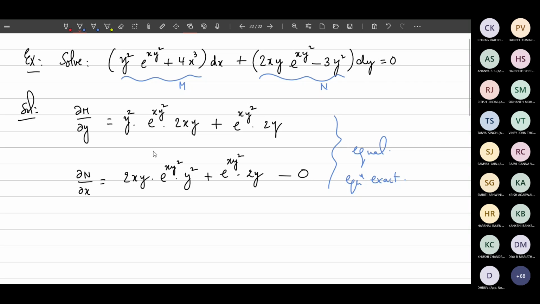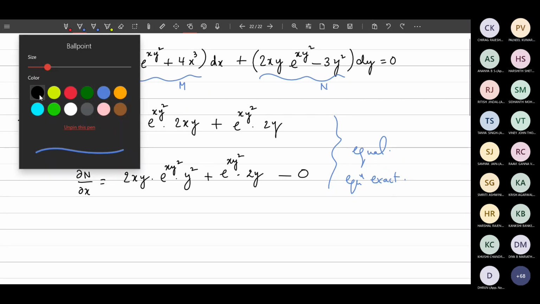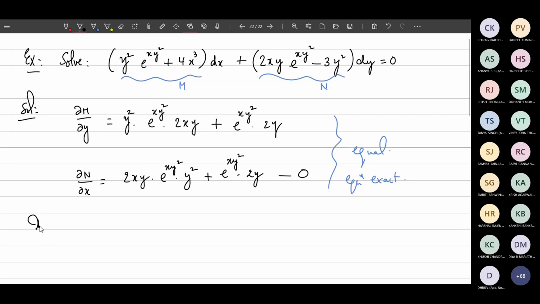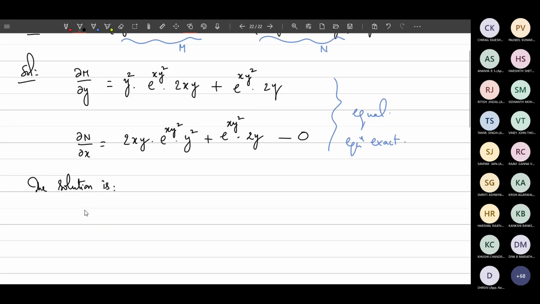So this derivative is very important because both parts are there, therefore you are taking the product rule here. Now the solution is a direct step. Therefore the solution is integral of M dx plus integral of the terms in N without x, dy, equal to c.